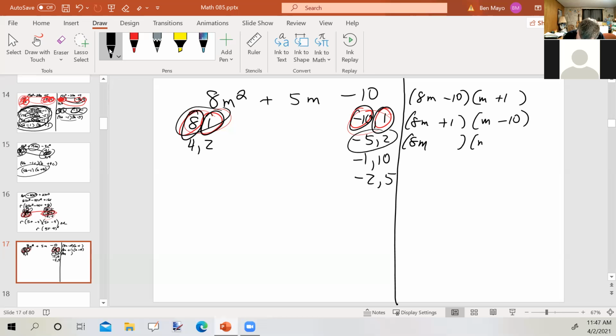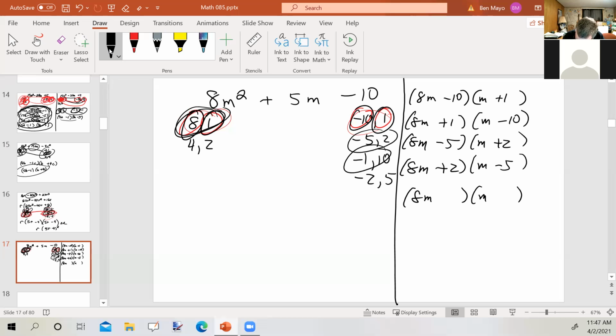Now I'm going to take this group with this group. 8m, m, minus 5 plus 2. 8m, m, plus 2, minus 5. This group with this group: 8m, m, minus 1 plus 10. 8m, m, plus 10 minus 1.